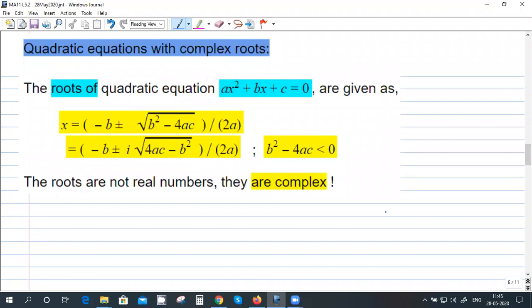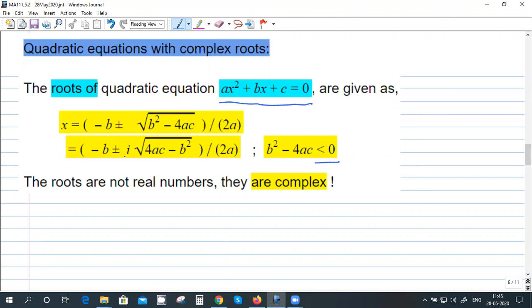Okay. So quadratic equation. Have you studied quadratic equation? Yes, sir. I know quadratic. Okay. This is the form ax square plus bx plus c equal to 0. The roots involve the square root of b square minus 4ac, that is the discriminant. In the situation when b square minus 4ac is less than 0, 4ac minus b square will be positive, into minus 1.